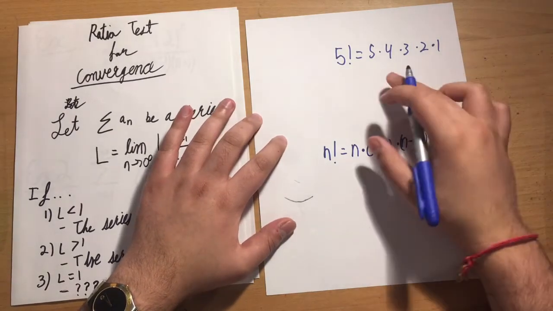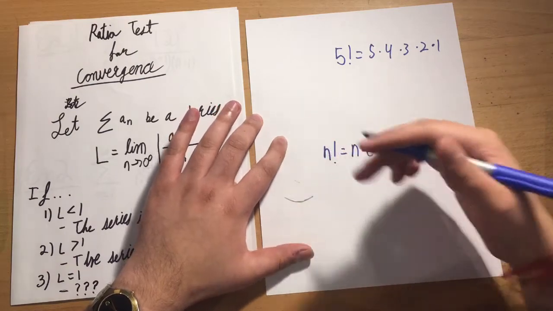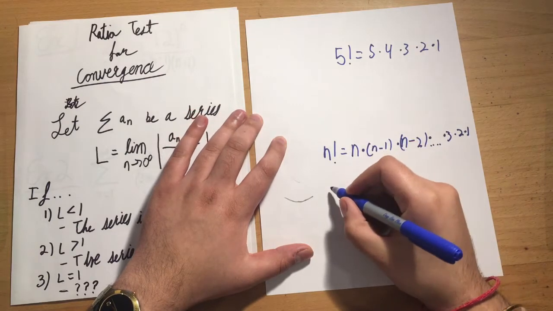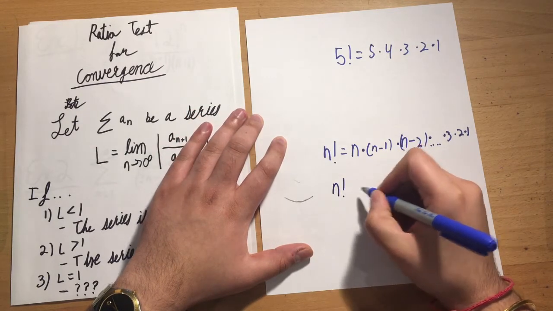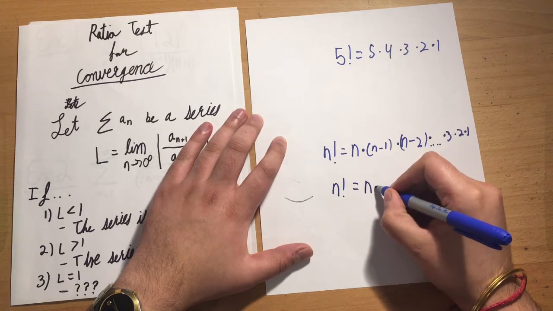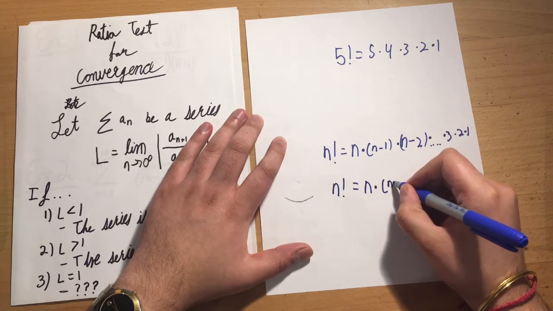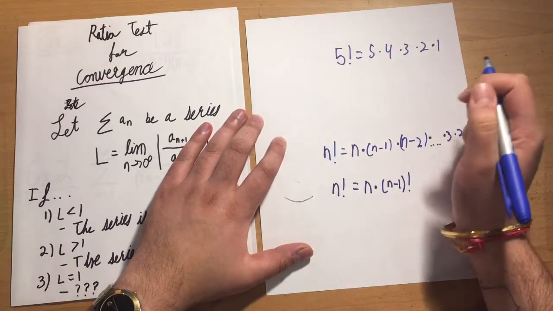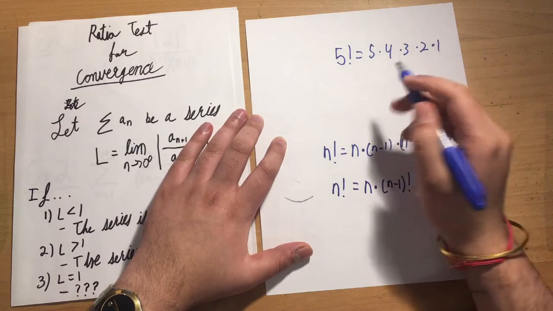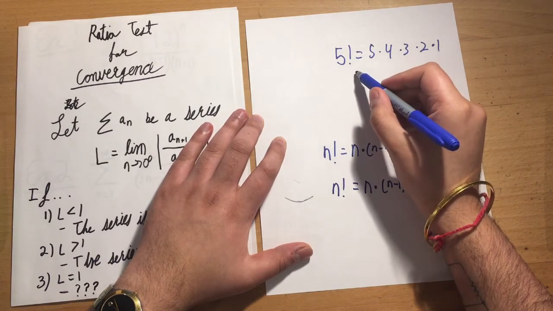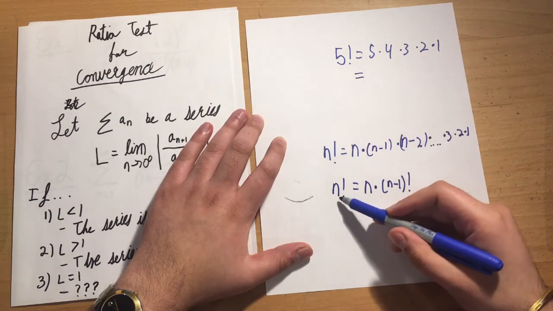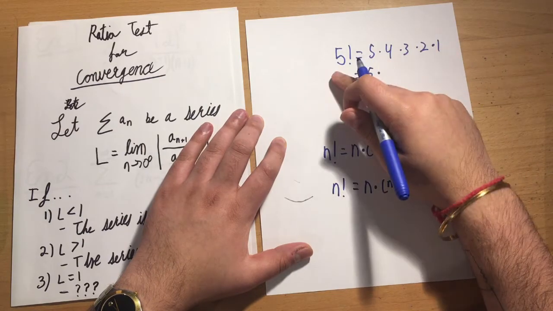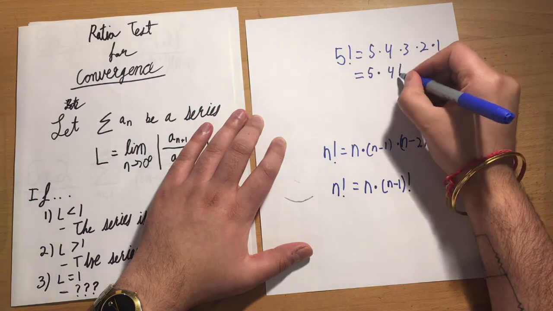Now, there's another way to write a factorial. Here's the general equation first, and then I'll use an example to describe it a little better. n factorial can be rewritten as n multiplied by n minus 1 factorial. This can be more clearly seen with a specific example, so I'm going to use 5 factorial. 5 factorial can be rewritten as, where n is 5, 5 times n minus 1, which in this case is 4, factorial.